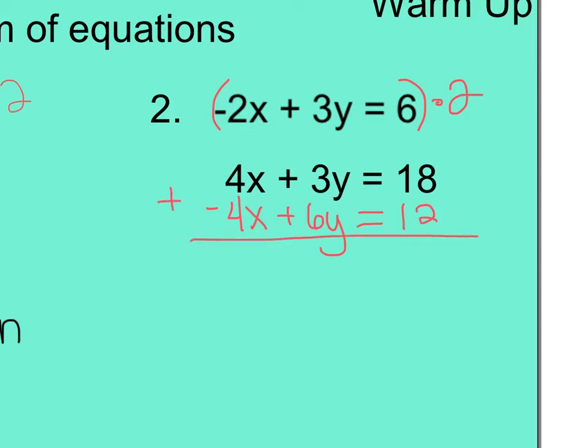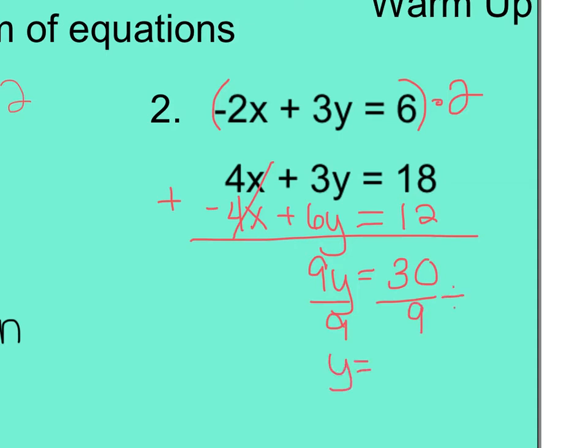Add these together. The x's cancel. 3y plus 6y is 9y. 18 plus 12 is 30. Divide by 9. Y is equal to 30 over 9.